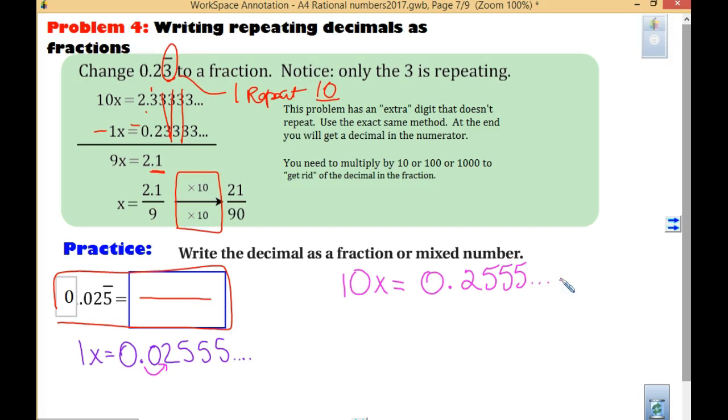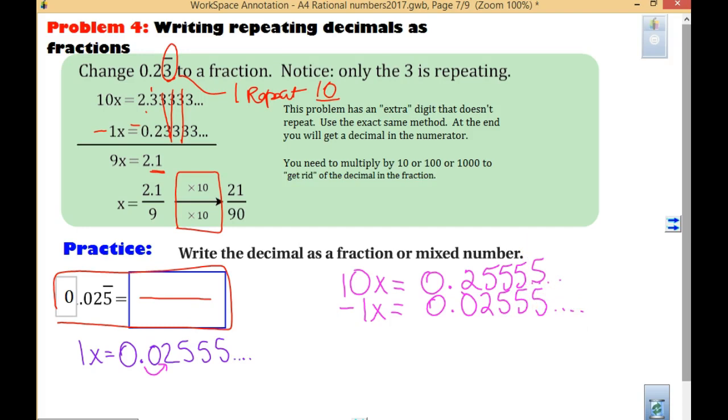A few, 3 or 4 times. Does it matter? You can show that it's going to cancel. If you want to put 7 of them, you can, but I put 3 or 4, something like that. Okay? Good question. Minus 1x. What was our original? 0.025, 5, 5. So if you wanted a few more 5s up here, you could.